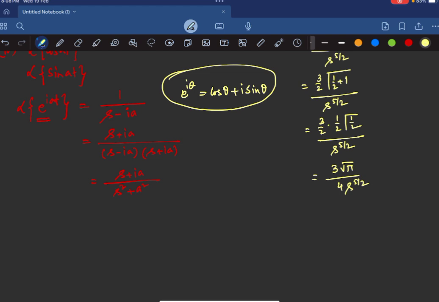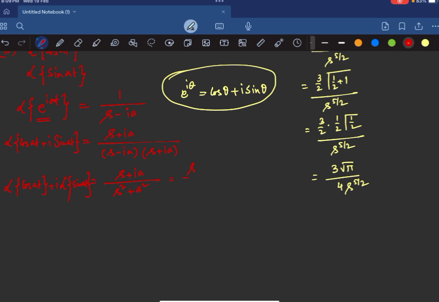Now we are going to apply it here. The Laplace transform of cos at + i sin at, applying the linearity property, becomes the Laplace transform of cos at plus i times the Laplace transform of sin at.